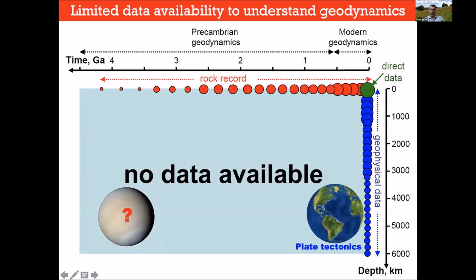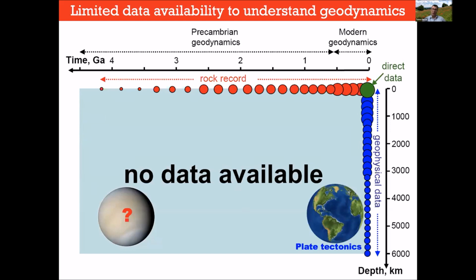One of the very important issues that I would like to bring to your attention, which is one of my arguments, is that we have very limited and unavoidably limited data availability for reconstructing geodynamics of the Earth. Geodynamics is reconstructing the Earth's history of both interior and surface through geological time.